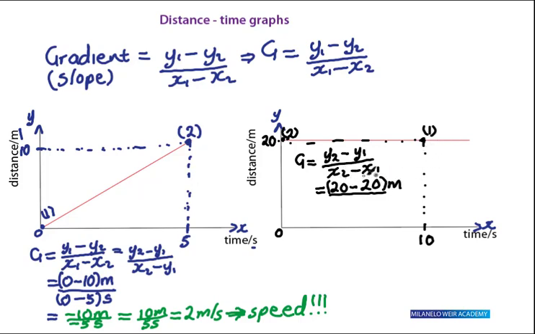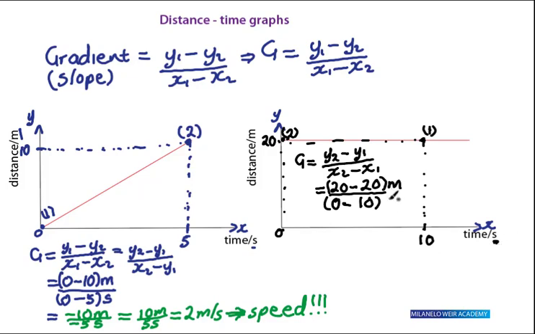The value of x at point 2 is 0, minus x1, the value of x at point 1, which is 10. Remember, the x-axis is time in seconds.